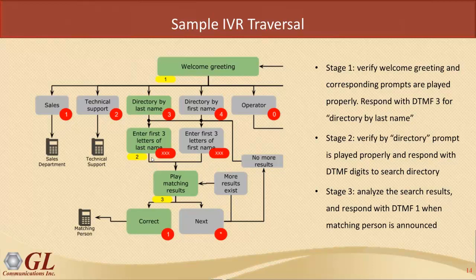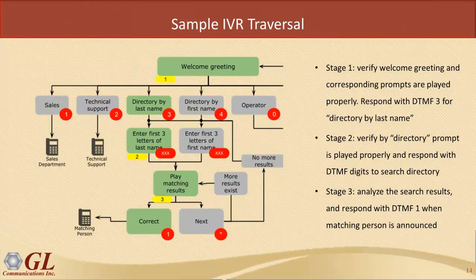Once we reach the second stage, we'll verify that the directory prompt is properly played. For example, here we expect to hear the phrase, please enter the first 3 letters of your party's last name. If this prompt is confirmed, we'll respond with the 3 DTMF digits that match someone here at GL. And that takes us to the third stage.